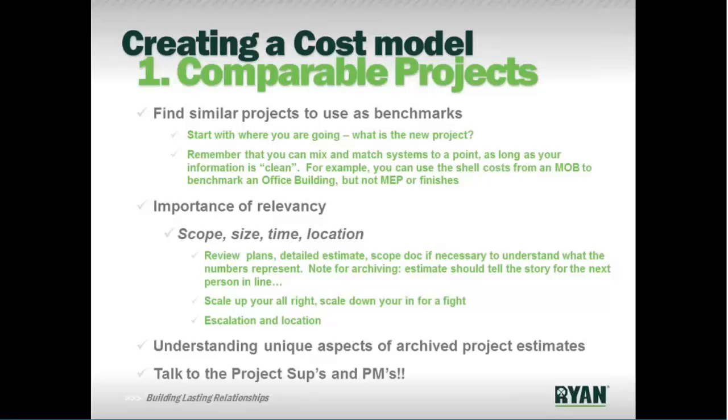Escalation and location. These are both tricky. We all know they exist, but it can be difficult to pin them down with an exact science again. Escalation, everybody knows, or everybody should be decently aware that we use ENR, the ENR matrix, or the index as our escalation forecast.